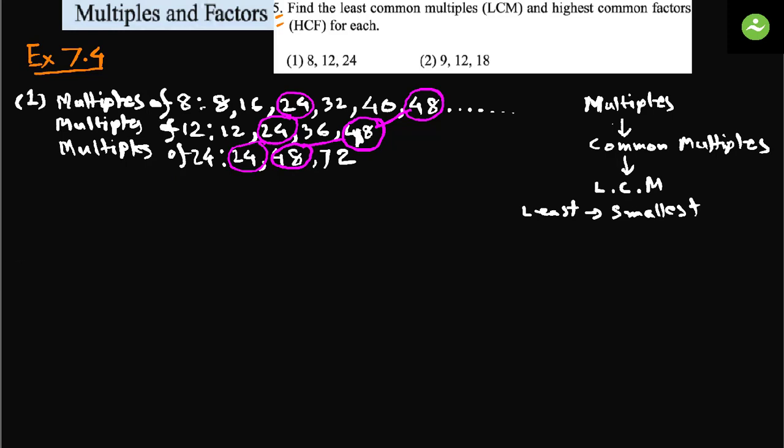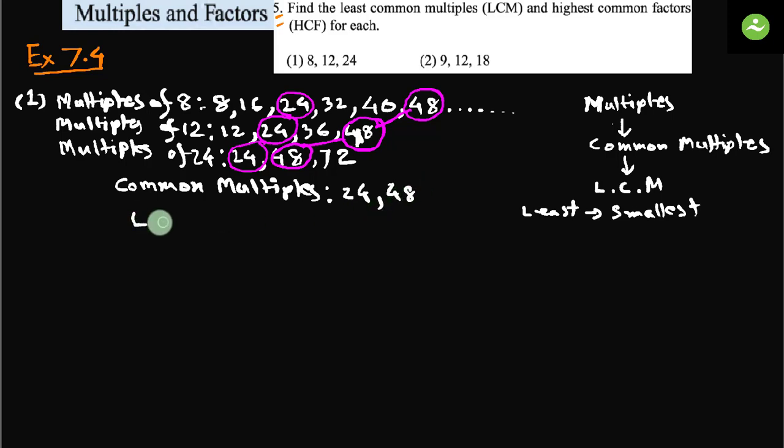So we found the common multiples. Now common multiples are 24, 48.